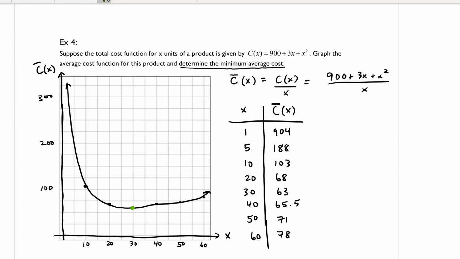So we could just say that from our graph, the minimum average cost is $63 when we sell 30 units of product. Okay.